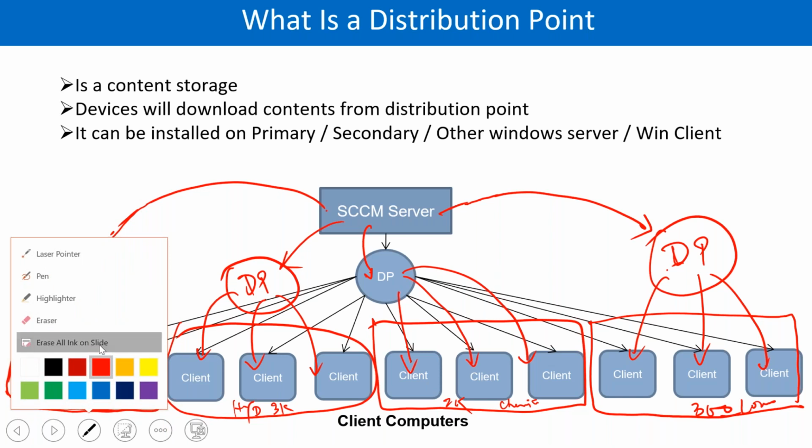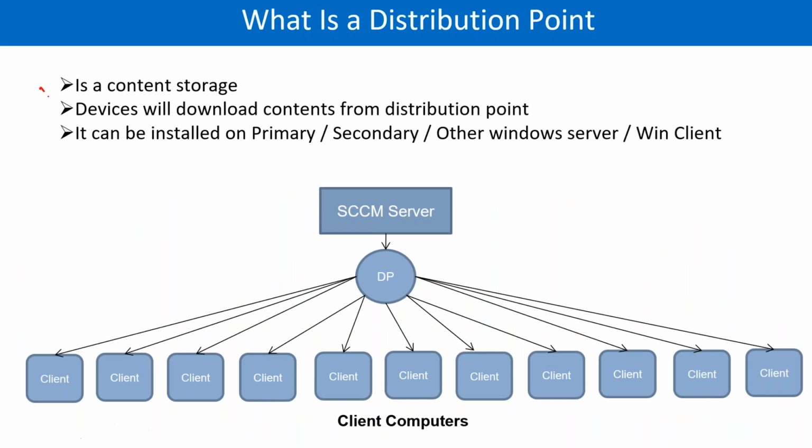So what is it? It is a content storage. Okay, it is point number 1, it is a content storage, right? Point number 2, the client will take the content from the distribution point.